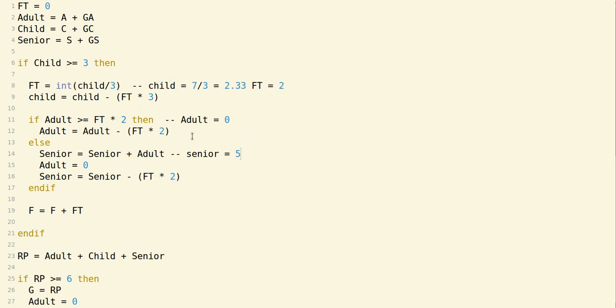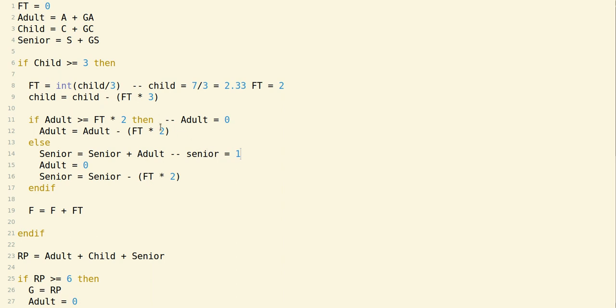So in this current scenario, the value that we computed of senior was 5. ft into 2 is 4. So senior minus ft into 2 would become 1. So now we have 2 family tickets that are being offered from the value of child when it was 7, and we have 0 adults left behind, we have 1 child that's left behind, and we have 1 senior that's left behind.